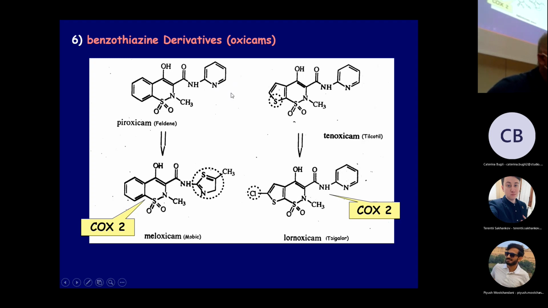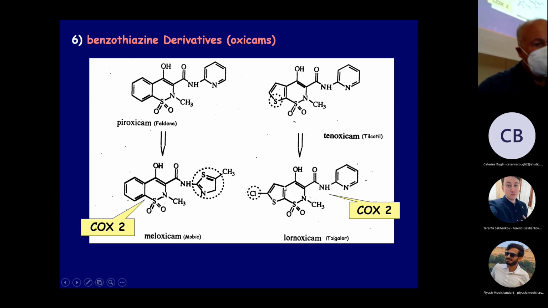We can replace this pyridine ring with another aromatic ring, but with an additional methyl group. So we can enlarge the structure on the right, but also we can enlarge the chemical structure on the left.